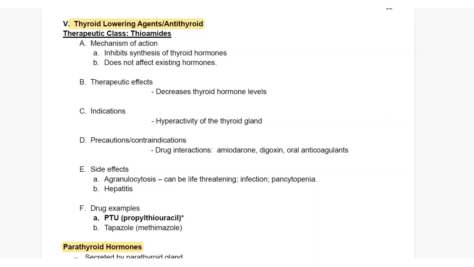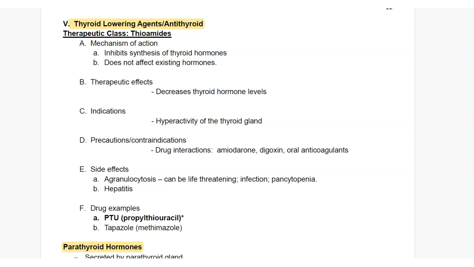Precautions and contraindications, or reasons why we shouldn't give this drug, include if a patient is on amiodarone, digoxin, and oral anticoagulants. Amiodarone and digoxin are antiarrhythmic agents, and knowing how thyroid hormone works, it affects the contractility of the heart as well as the heart rate itself.